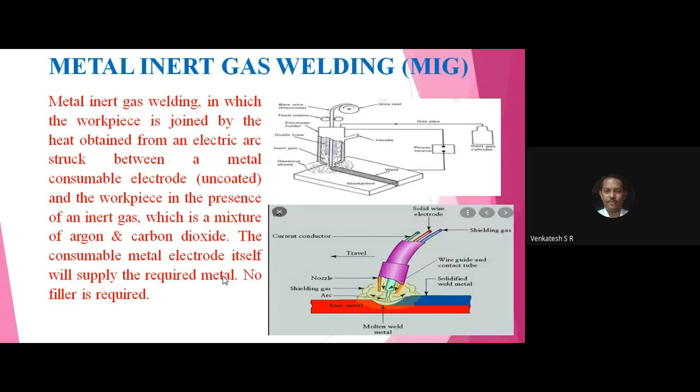In bracket, write down TIG. Close the bracket. Put a question mark. I repeat, explain briefly with neat sketch tungsten inert gas welding, in bracket TIG.